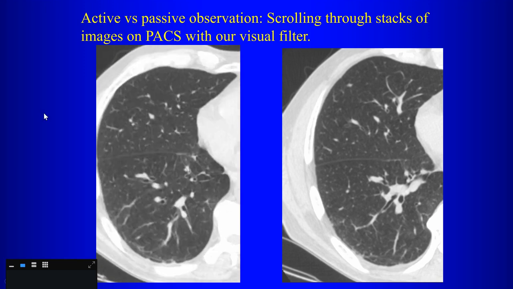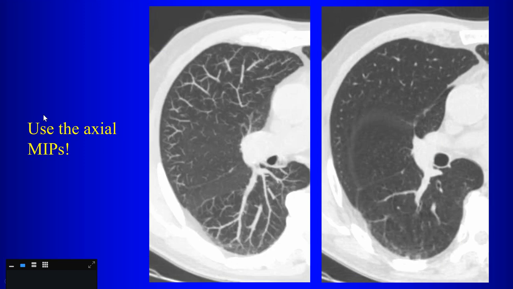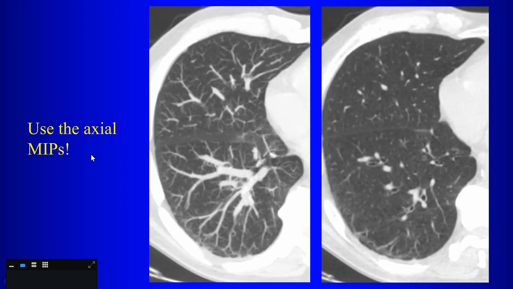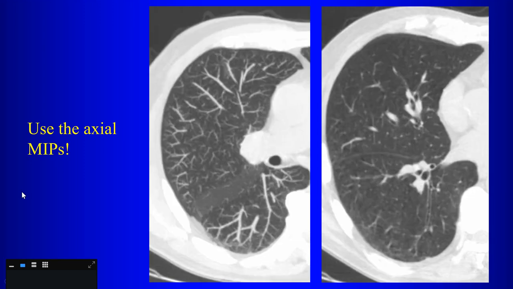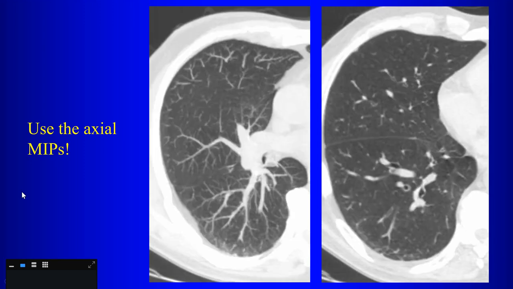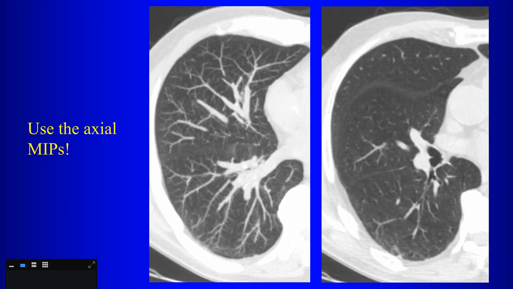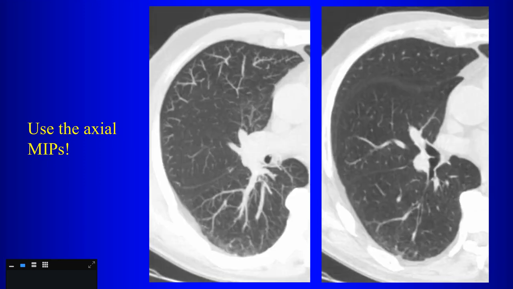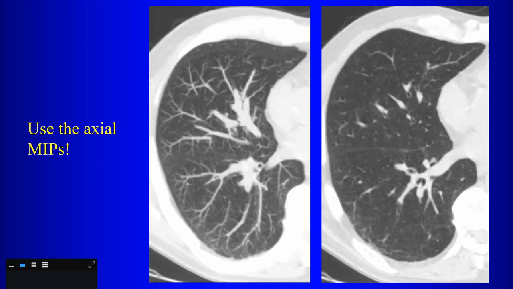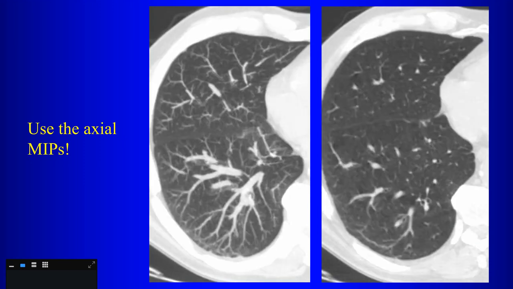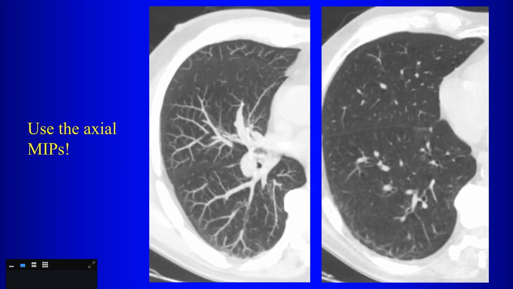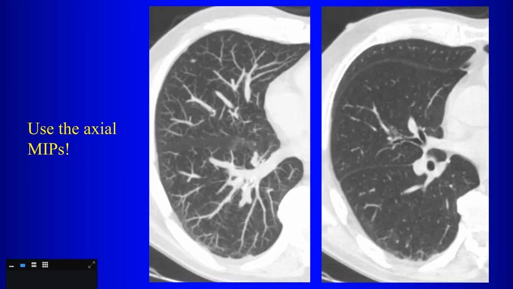And while we're on the subject of looking for small nodules on CT, I really, really encourage you to use your axial MIPs. In cases where nodules are important, let's say you're reading it for metastatic disease, in most cases, a 3 millimeter or 4 millimeter nodule is not going to make a difference, in trauma CT or CTs for other reasons. But if you're doing a CT on somebody to rule out metastases, then every single nodule can be important.